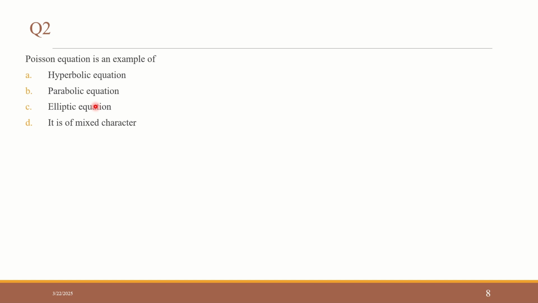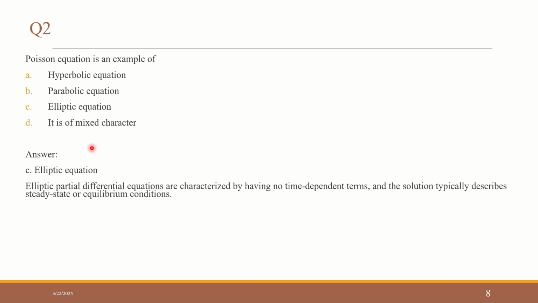So in the last slide itself, we have seen that Poisson equation is an example of elliptic equation. So the answer to this problem is elliptic equation. I'll tell you how. Elliptic partial differential equations are characterized by having no time dependent terms, and the solution typically describes steady state or equilibrium conditions.